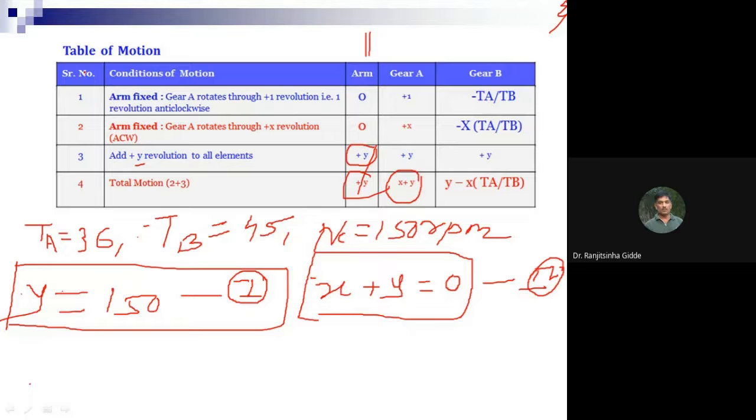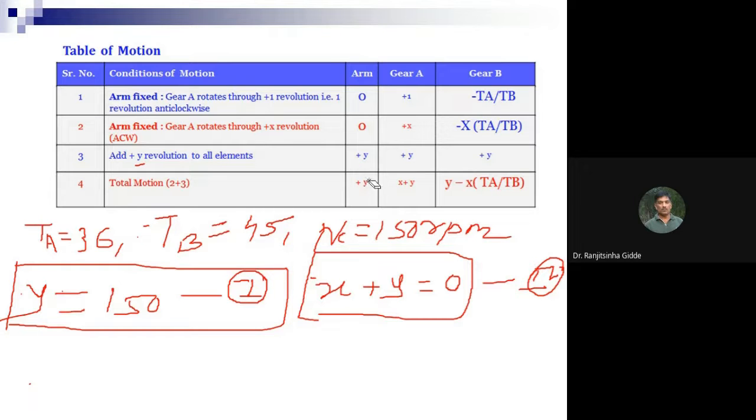Now, when forming the table in the beginning, whatever condition we have considered, forget about that condition. इथं फक्त जो चौथा रो आहे, now we need to have focus on this fourth row only. So what does the fourth row indicate? This indicates the total motion of various elements. What is the total motion of the arm?